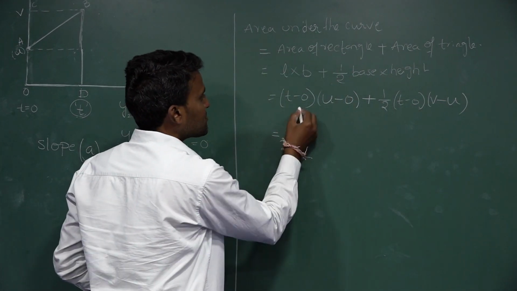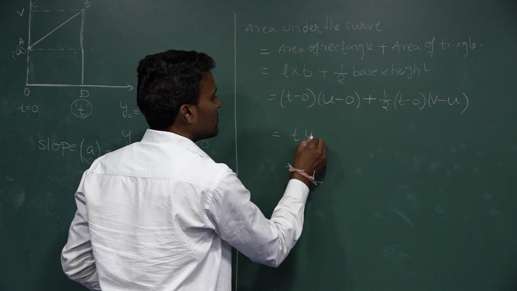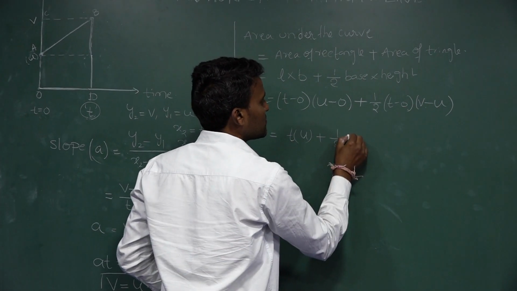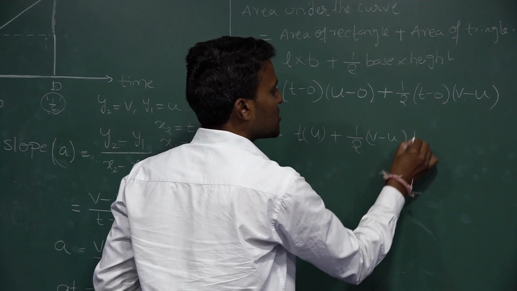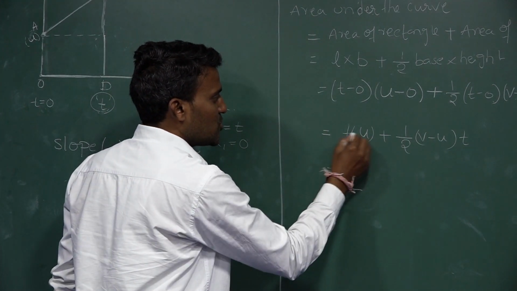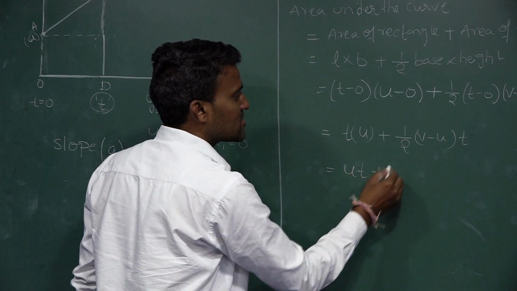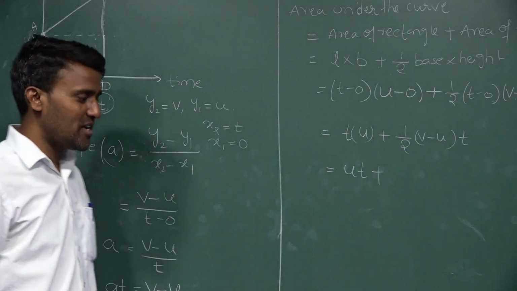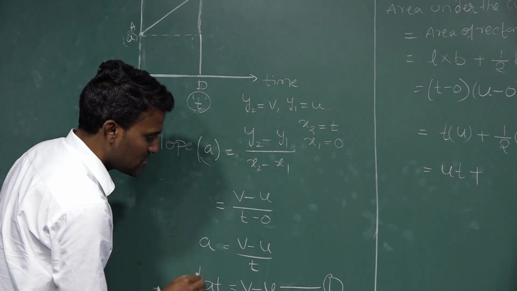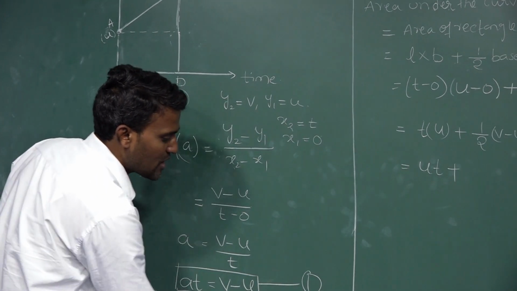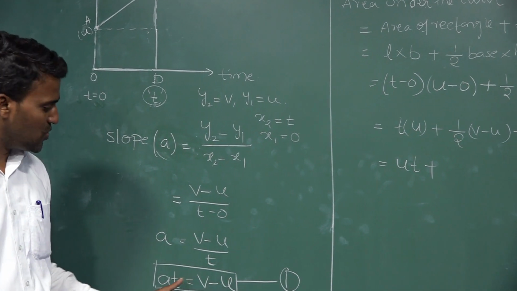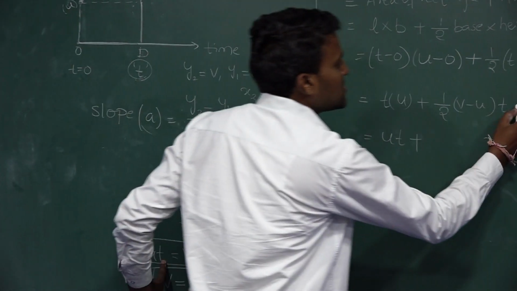We can write ut plus half (v minus u) t, since t minus 0 is t. Area under the curve is ut plus half (v minus u) t. This is equation number 1, and from the first equation of motion, v minus u is equal to at, this is equation number 2.